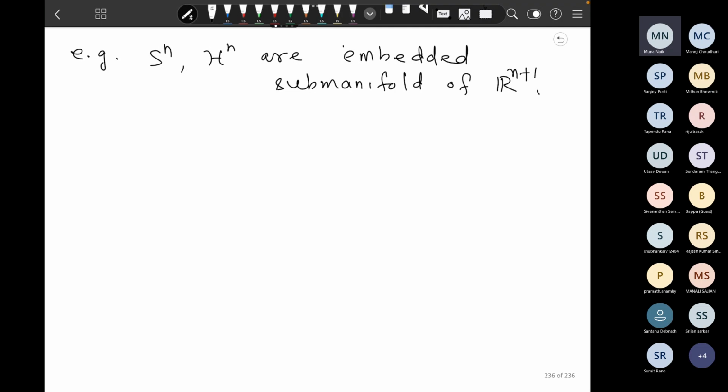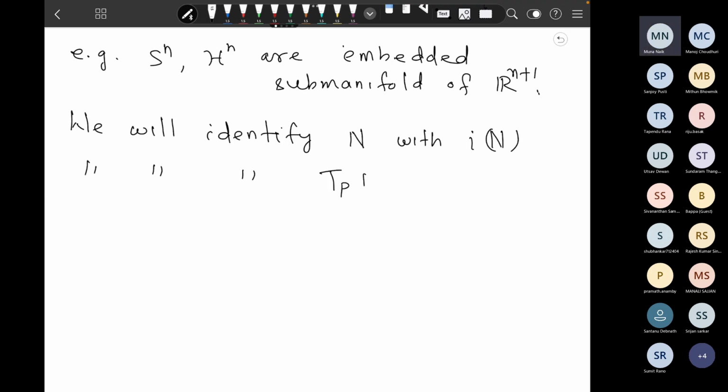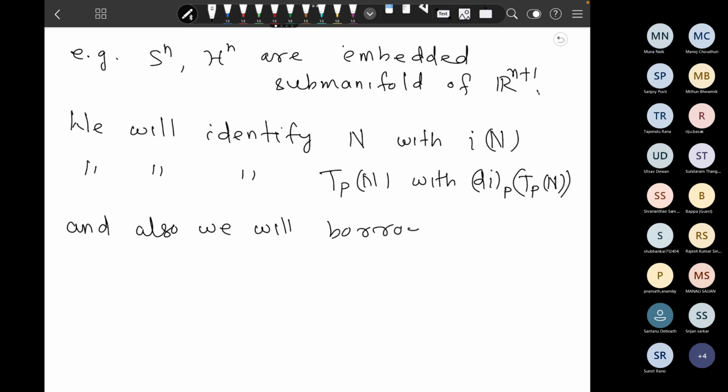So what I am saying is that we will identify N with I(N), and we will identify T_P N with dI_P(T_P N), and also we will borrow the topology of N to I(N).